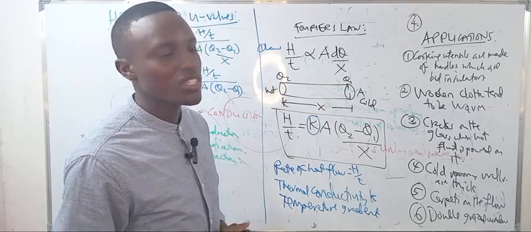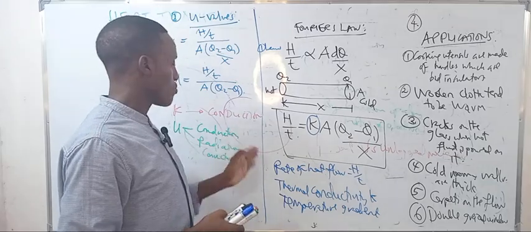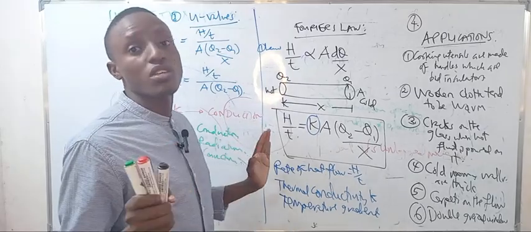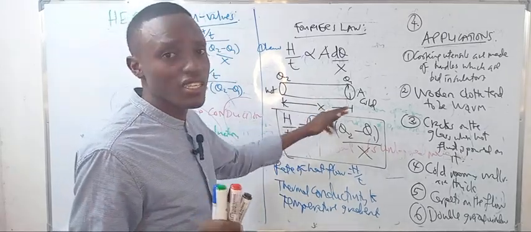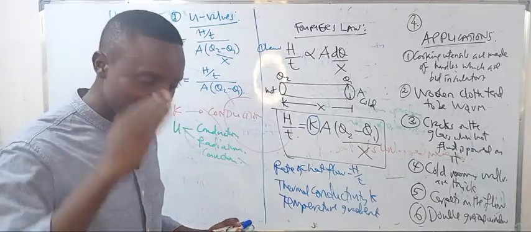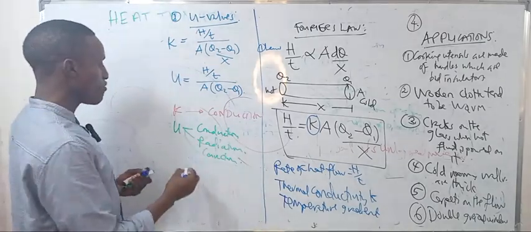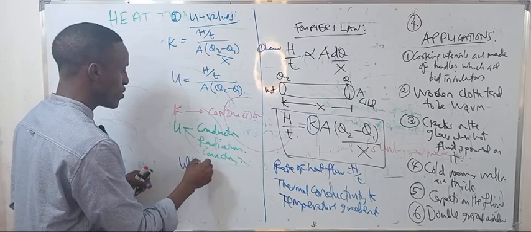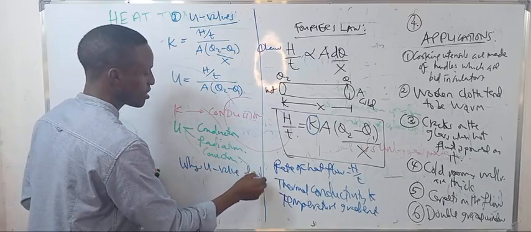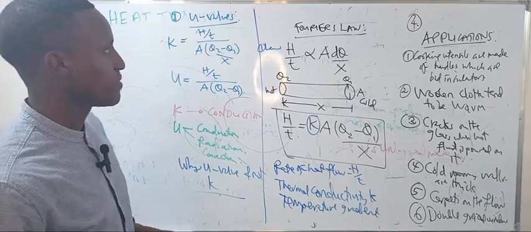It's because it considers the loss or gain of heat through the three methods, while the K value only considers conduction because we consider the gradient, while for the U value we just consider the difference in temperature. Are you there? So you have just understood why U value. You need to know why U value and not K. That is where, Chief, you need to understand.